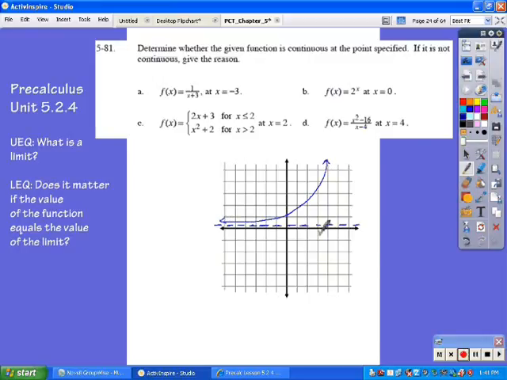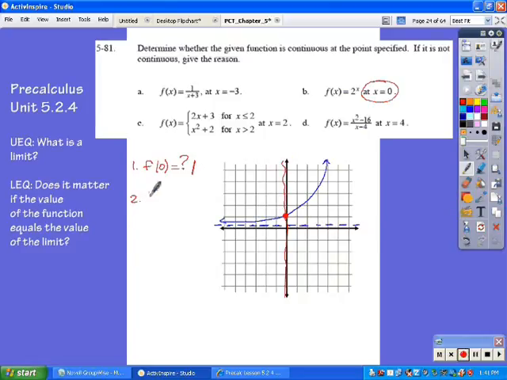And what we're looking at here is the x value of 0. So at the x value of 0, will the graph be continuous? So, stipulation number 1, does f of 0 exist? Answer yes. f of 0 equals 1. 1 is the y value at that point.